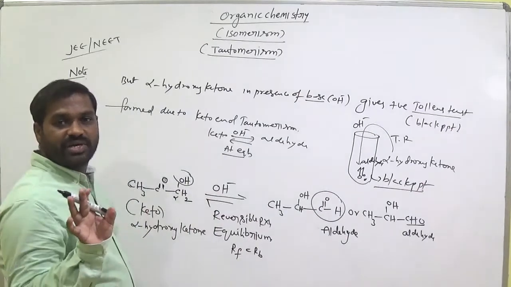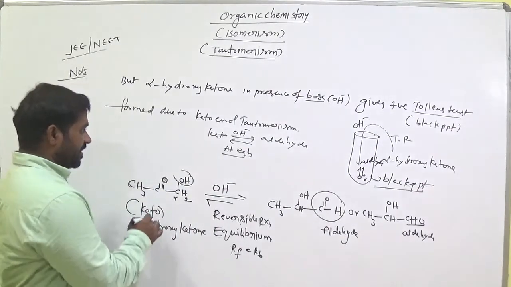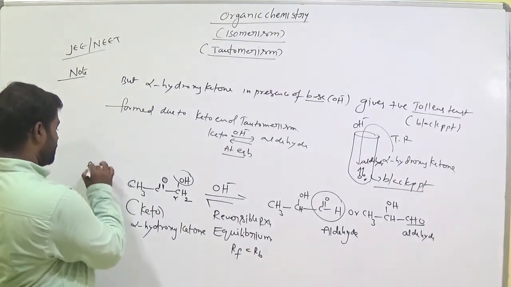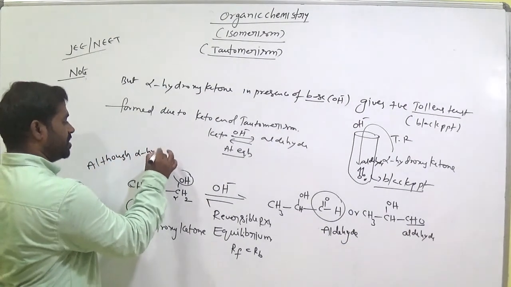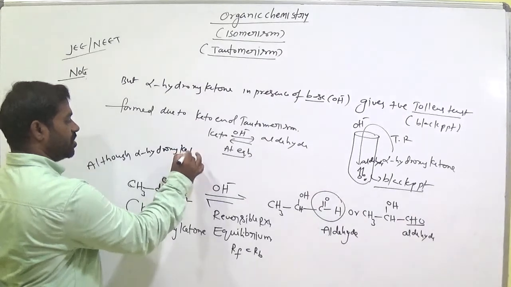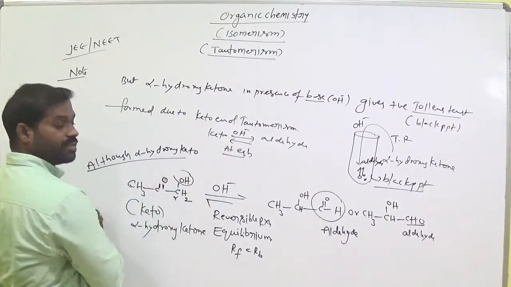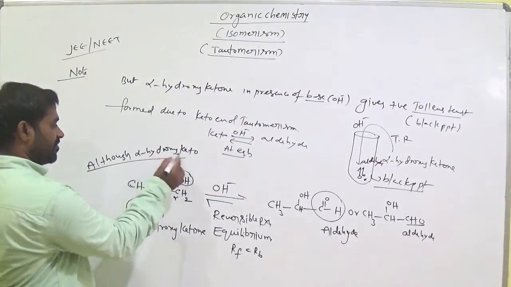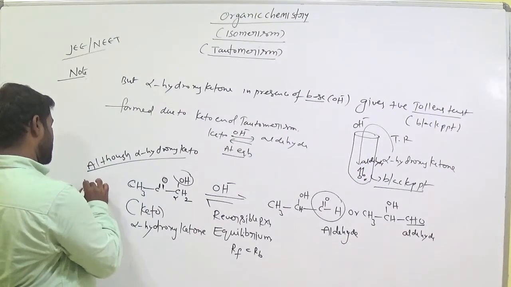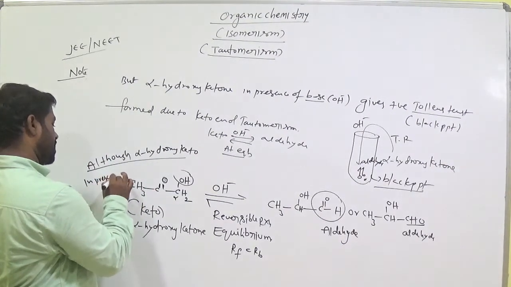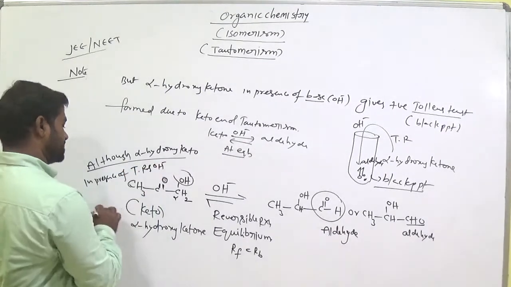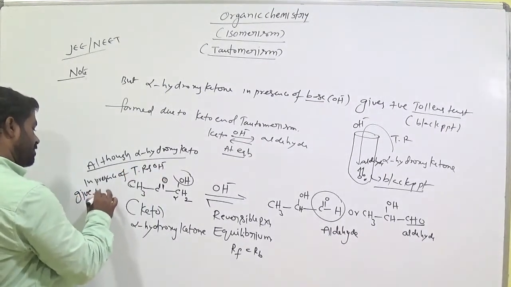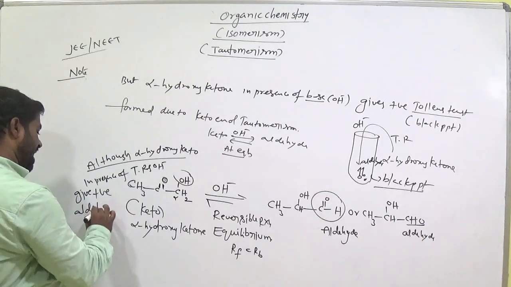Is it clear, students, everyone? So although alpha hydroxy ketone in presence of Tollens reagent and OH minus gives a positive aldehyde test.